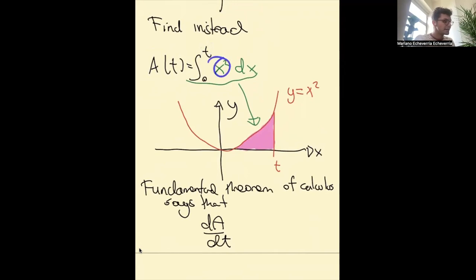So instead of being the function x squared, it would be t squared. Except for a change of letters, it is the same function. Is that making sense? Are there any questions up to this point?